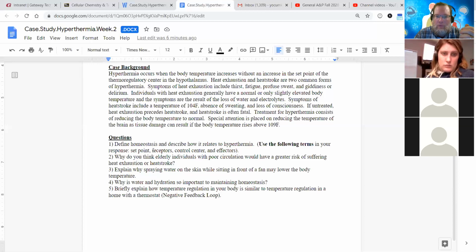For hyperthermia, the thermoreceptors pick up that it's excessively hot and send a signal to the brain saying so. The brain then triggers some sort of effectors to kick in. Remember, effectors are usually muscles or glands. For Marion, we're going to see sweat glands as the primary effectors for hyperthermia.